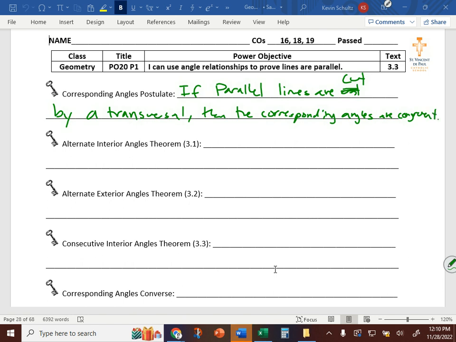If parallel lines are cut by a transversal, then the corresponding angles are congruent.